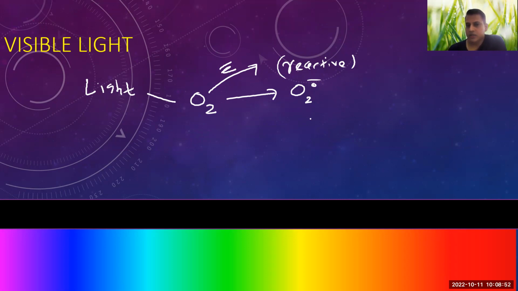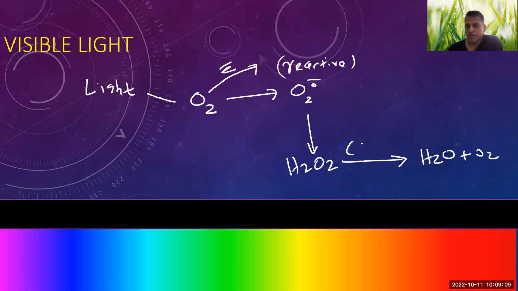The only thing the cell can do is convert it into hydrogen peroxide. This hydrogen peroxide can be neutralized into water and oxygen by the enzyme catalase.